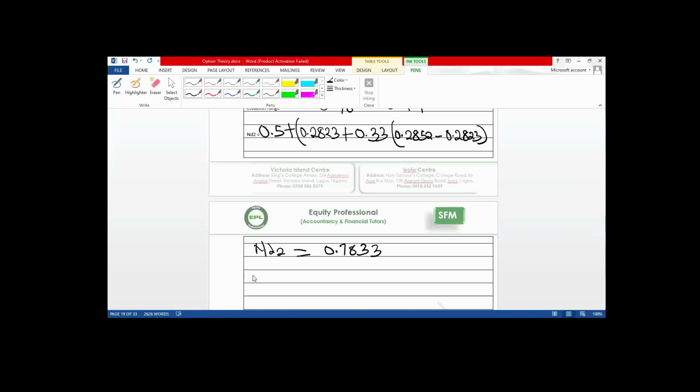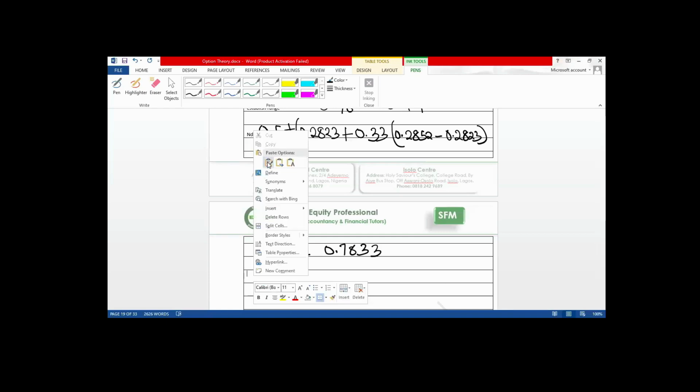Look at the formula for call option value.